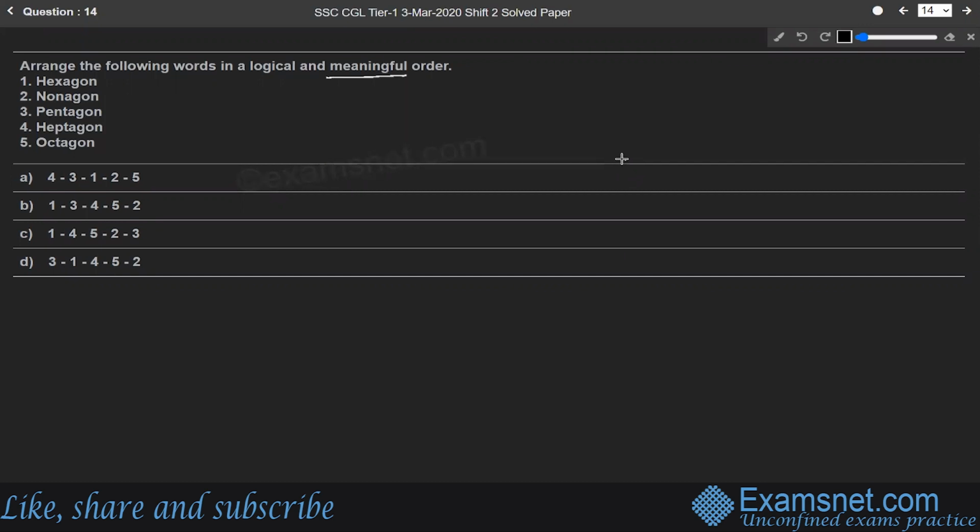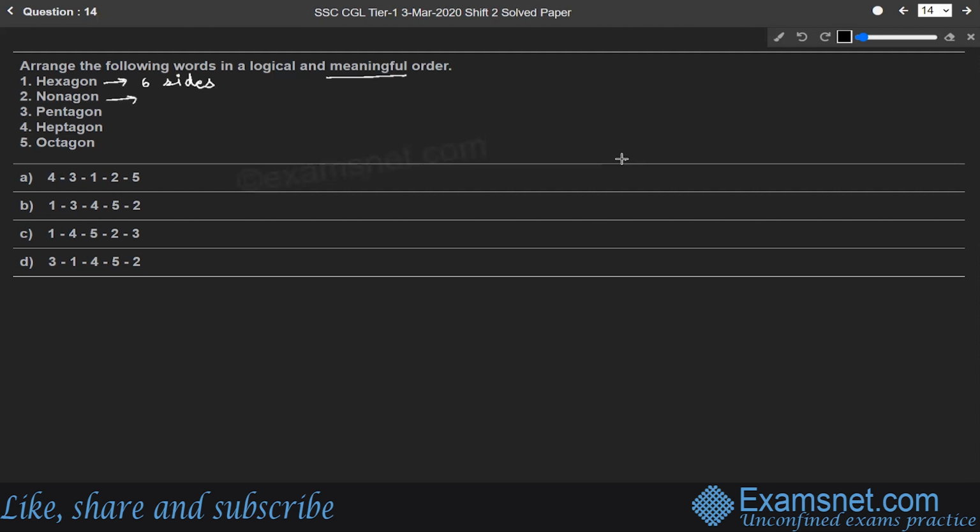So what is a polygon? In simple words, a polygon is a plane figure that has a finite number of sides, and the sides of a polygon are made of straight line segments that are connected to each other. So the first word is hexagon. Hexagon is a polygon of 6 sides.